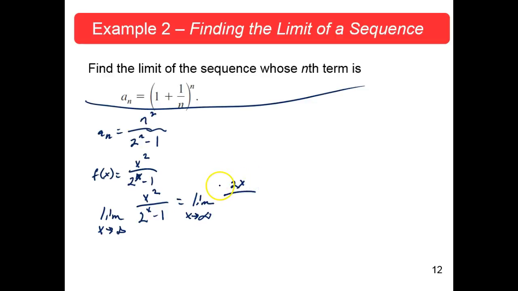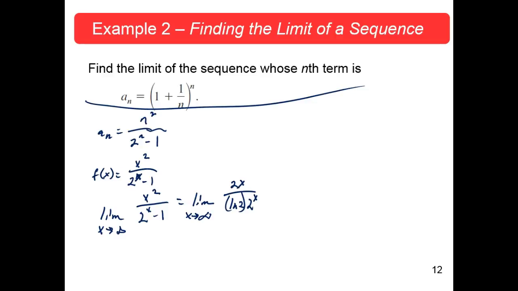The derivative of the denominator is ln of 2 times 2 to the x.